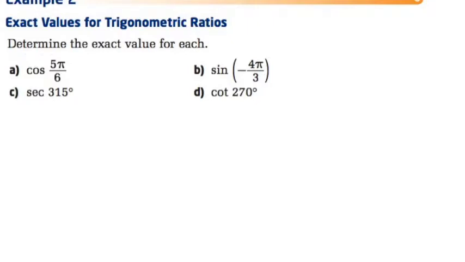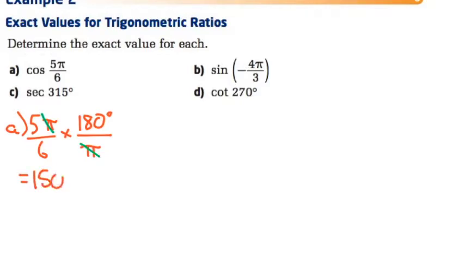So with question A, we'll need to convert those radians into degrees. So we'll take 5 pi by 6, multiply it by 180 over pi. Cancel the pi's, do the calculation, and we get 150 degrees.